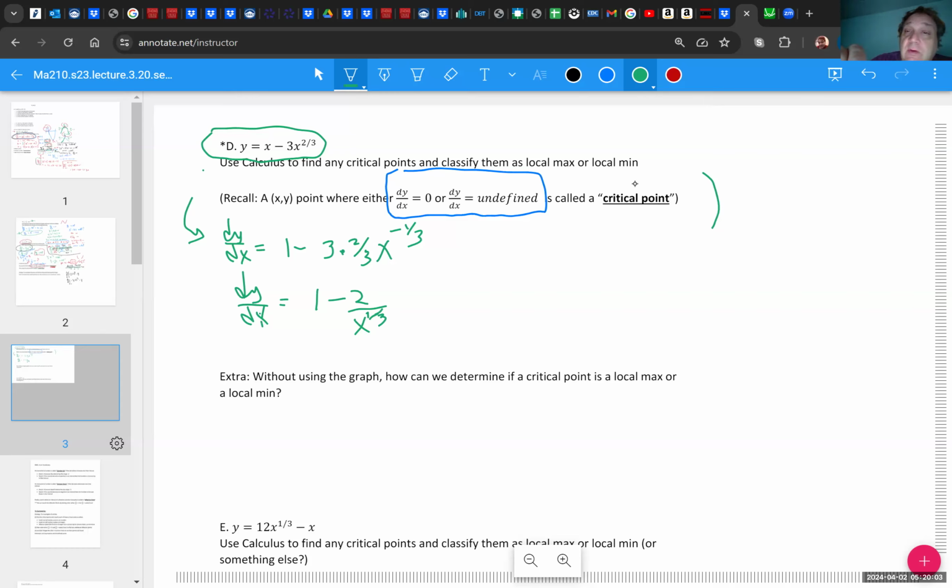Okay, so we're going to have the derivative equal to 0, which means we need 1 minus 2 over x to the 1/3 equaling 0, or we need the derivative undefined.